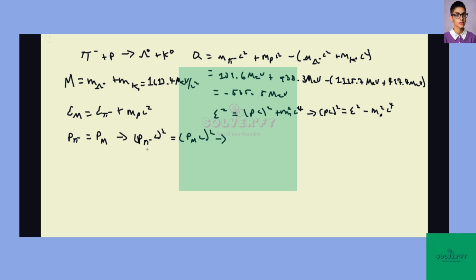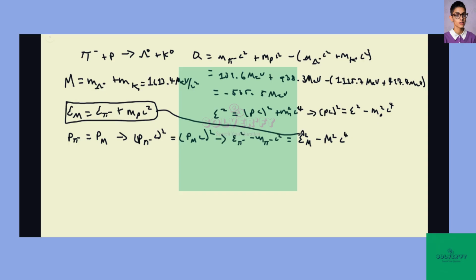So let's go ahead and plug in what we know. The kinetic energy of the pion is equal to the total energy of the pion squared minus its rest mass squared, which is equal to the total energy of the big mass squared minus its mass squared times c to the fourth. Then we have the relationship that we've already set from conservation of energy, and we can plug that in.